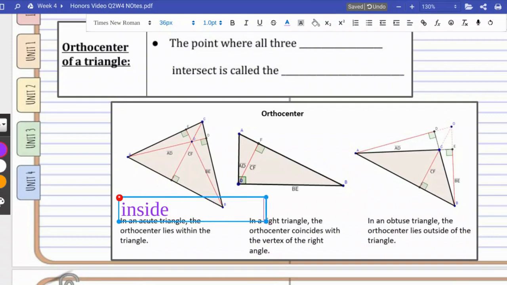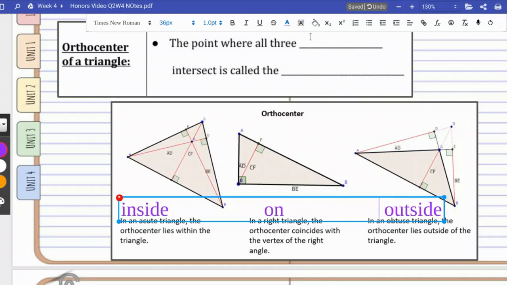But on a right triangle, you have one inside and the other two are on the triangle. That would be AE and EB. Those two are altitudes of a right triangle. And when you have an obtuse triangle, one of the altitudes is inside the triangle. The other two, AD and EB, are outside the triangle.